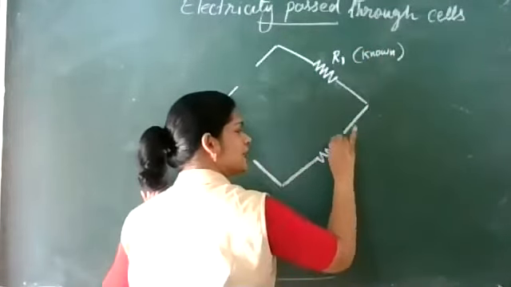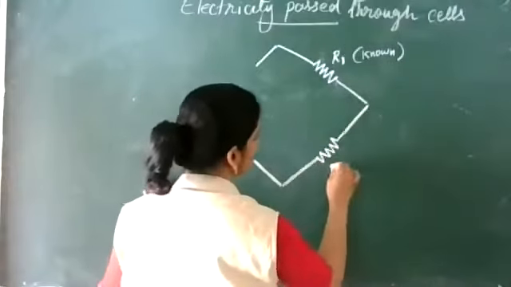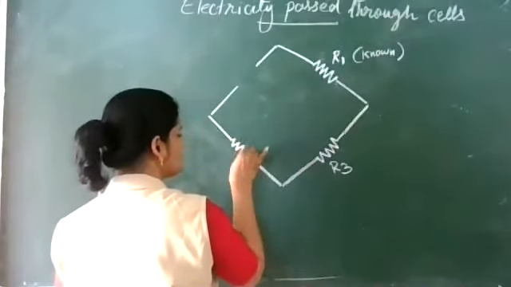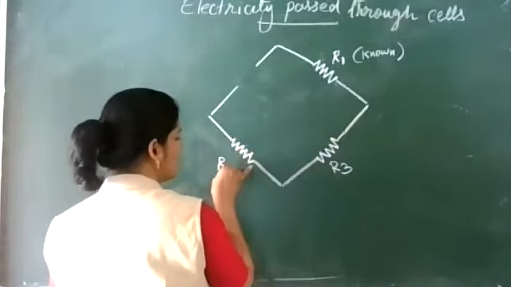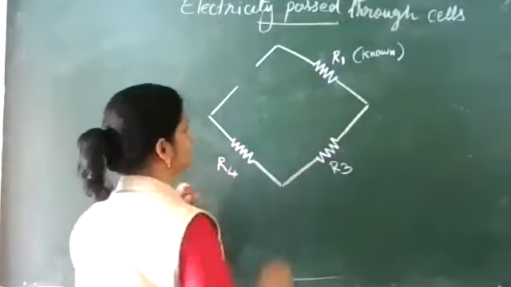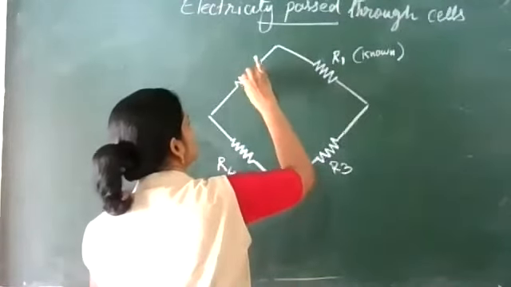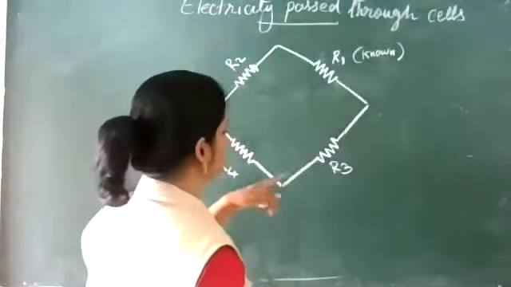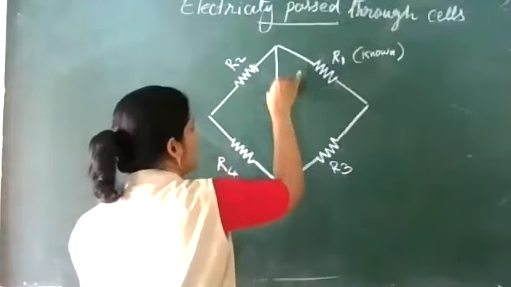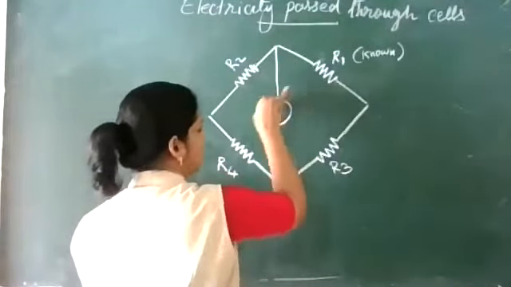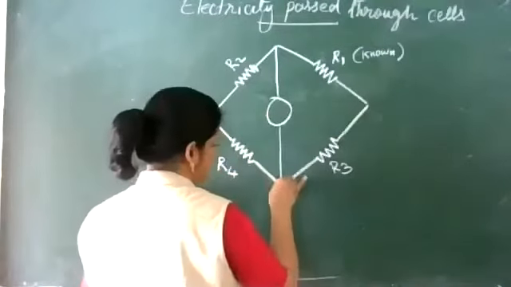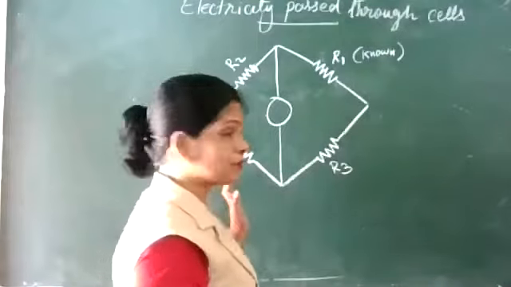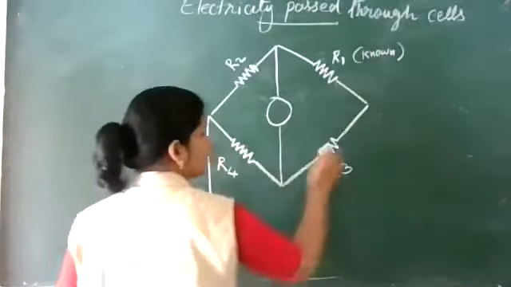We introduce another resistance R3 here, and R4 here. And this resistance R2 is the unknown resistance. And this is connected through a galvanometer. The galvanometer shows whether any electricity is flowing through this. And there is one battery.